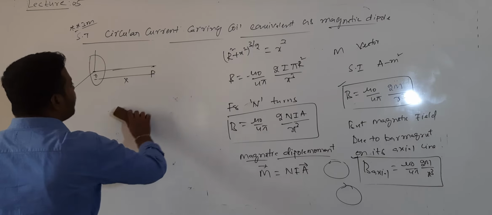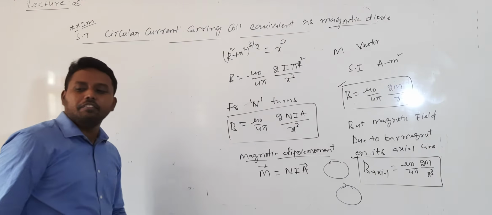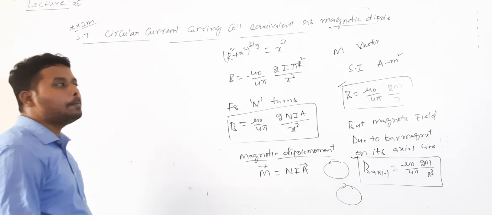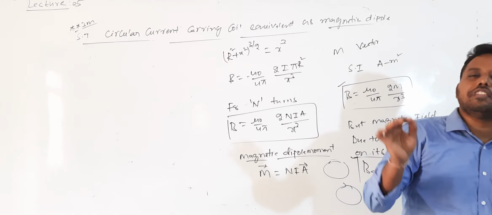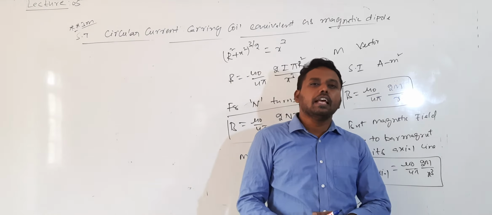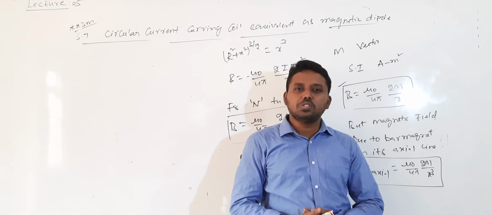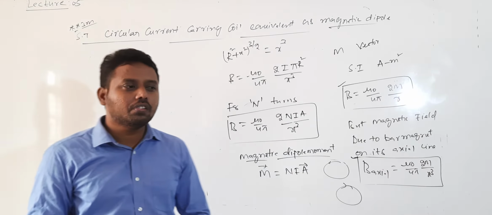So you fold your palm in the direction of the current passing through the coil. Then the thumb will indicate the direction of which one? Magnetic moment. In this chapter directions are very important. If you want to solve any problem, directions are a must. Without the directions you cannot solve even a single problem.